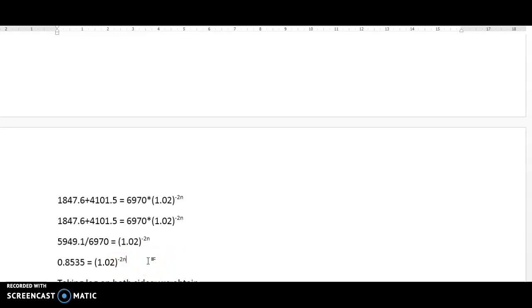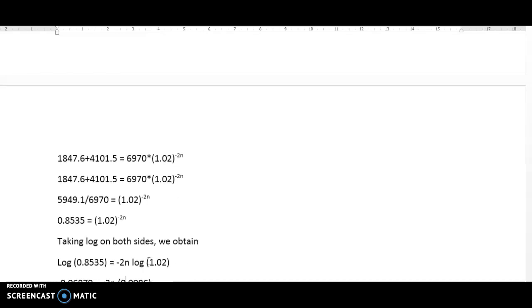I've already taught you in the previous video how you can take the log, and after taking the log, you can apply the power rule of log, in which case your power will come before the log function. This is very simple. After taking log, 0.8535 is equal to minus 2n, and your power will come before the log, and it will become log 1.02.